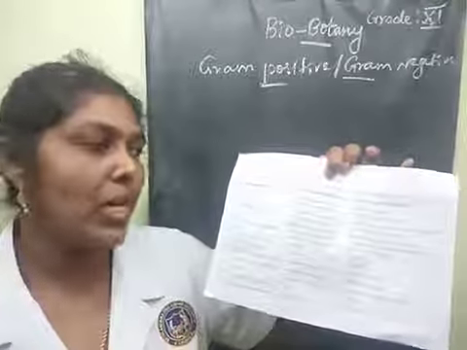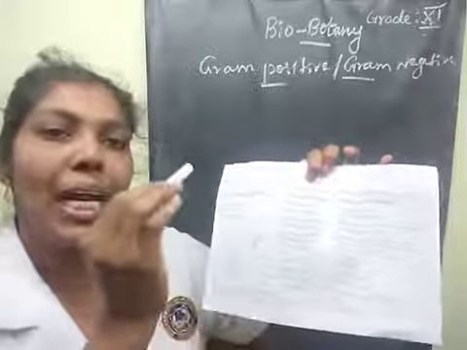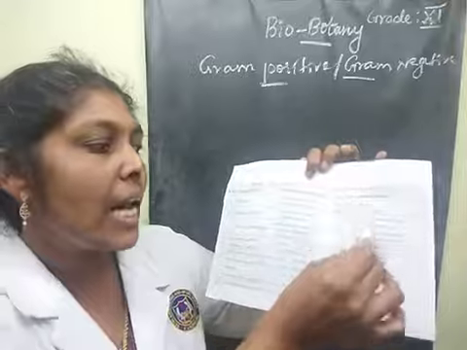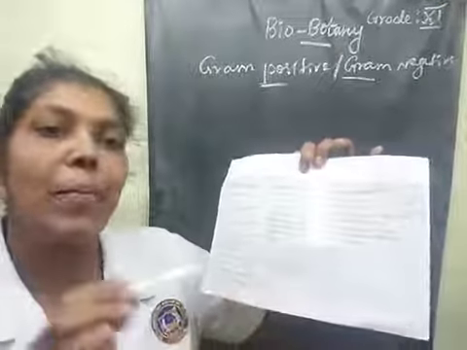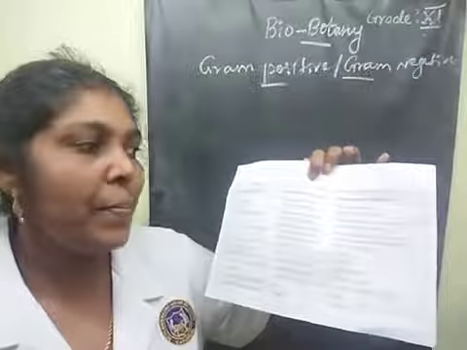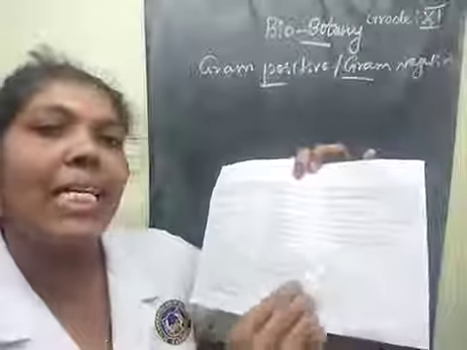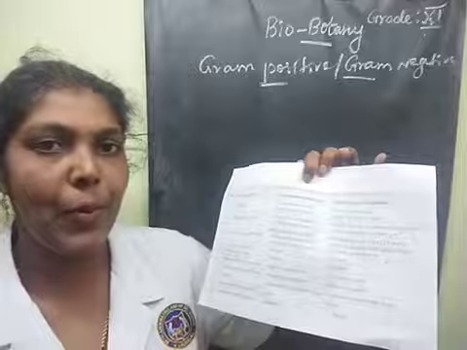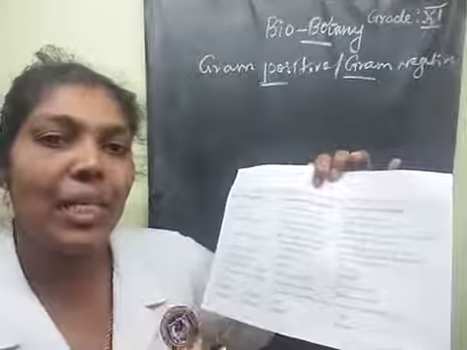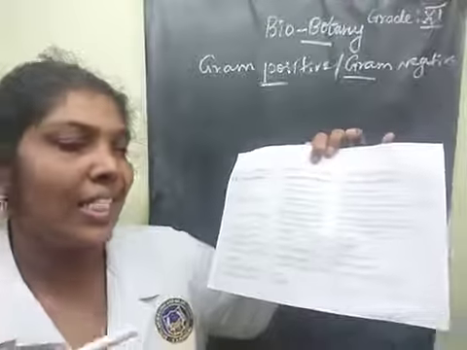These are the chemical substances in the cell wall of gram positive type. Clear? Then gram negative has peptidoglycan at only 3 to 12%. The remaining is polysaccharides and lipoprotein molecules. Here the teichoic acid is absent in the gram negative type.